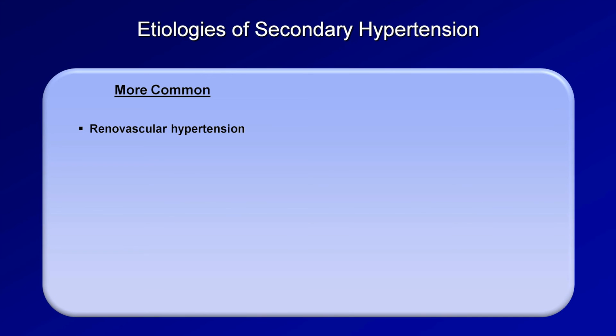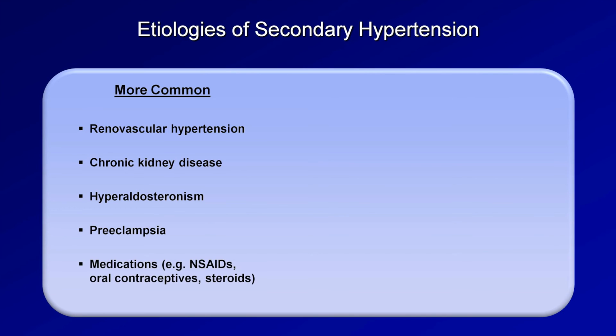Other relatively common causes of secondary hypertension include chronic kidney disease, hyperaldosteronism, a pregnancy complication called preeclampsia, and numerous medications, of which NSAIDs, oral contraceptives, and steroids are the most notable.